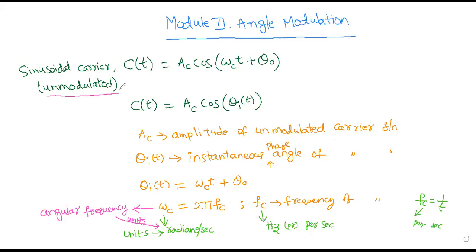Now the point is, in the first module, we had modulated, or in other words changed, A_c. In module 1, A_c was varied with respect to m(t), which means we changed the amplitude of the carrier signal with respect to the message signal.